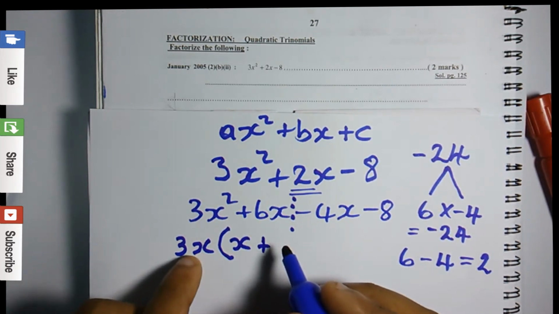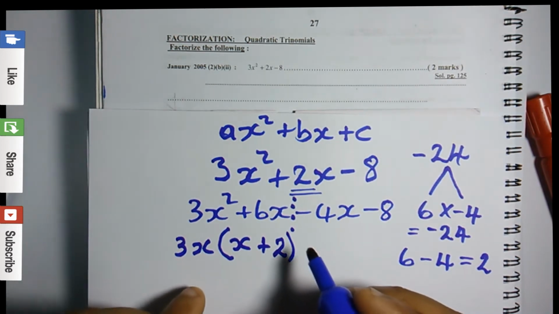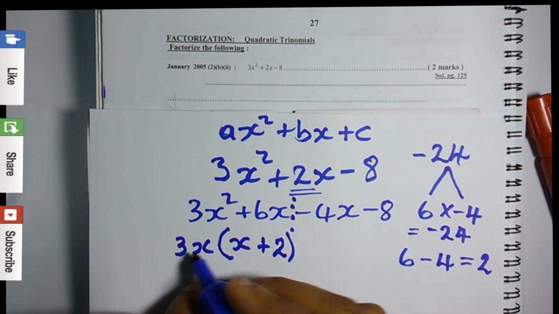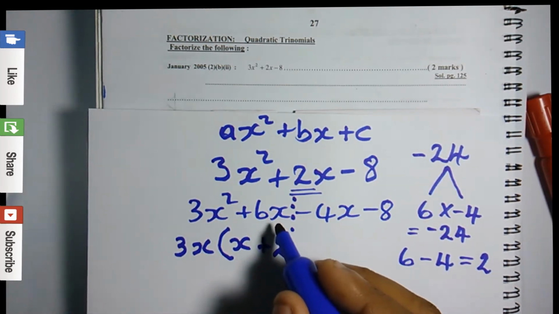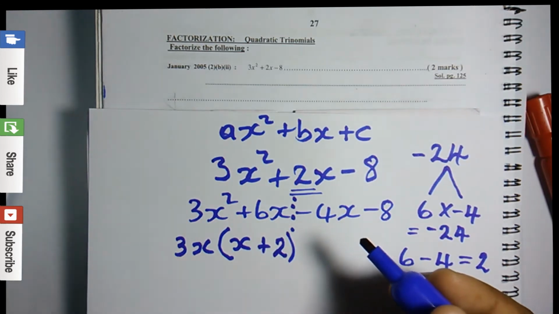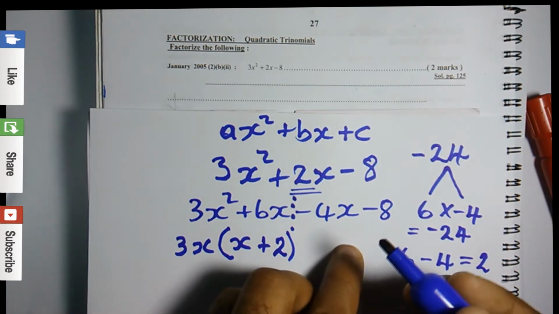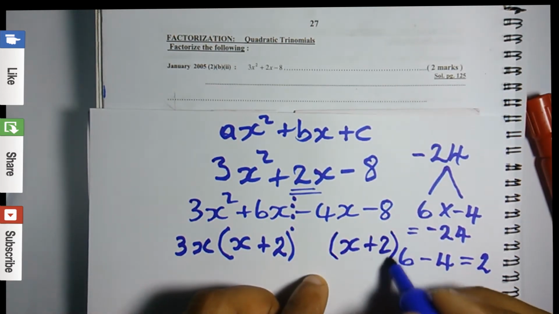Plus, what can I multiply 3x by to get 6? 2. So let's use the distributive law to test this result. 3x times x, 3x squared, 3x times 2, 6x.